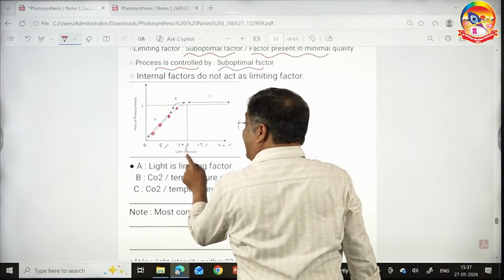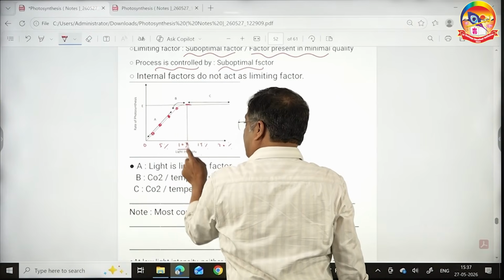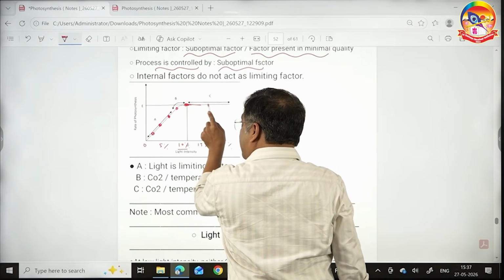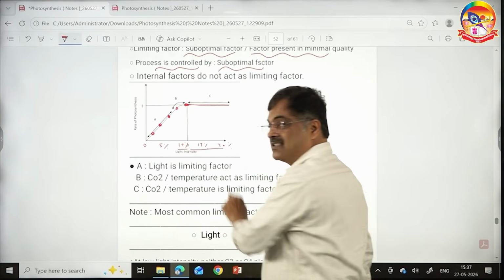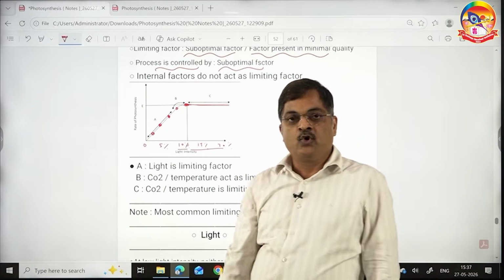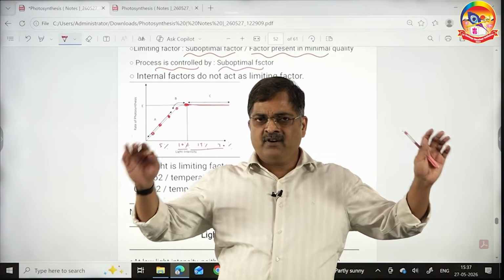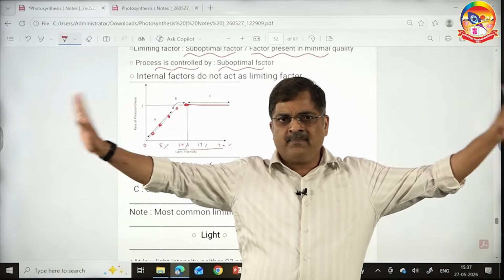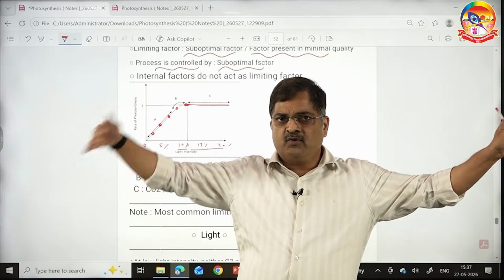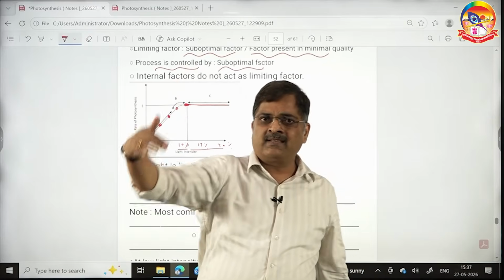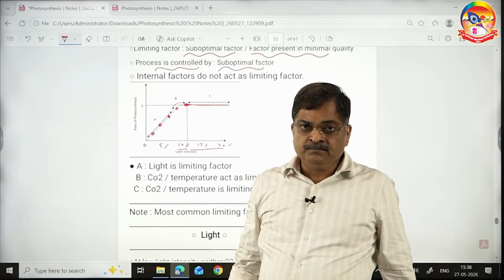Then at 10% of total sunlight, saturation is reached. Beyond that, even if I increase the light intensity, there is no increase. So light saturation can be reached at 10%. So 10% of sunlight is enough to reach maximum saturation and maximum photosynthetic rate.